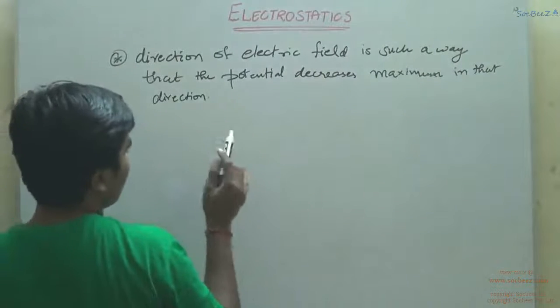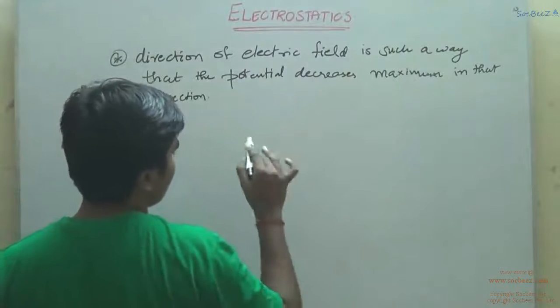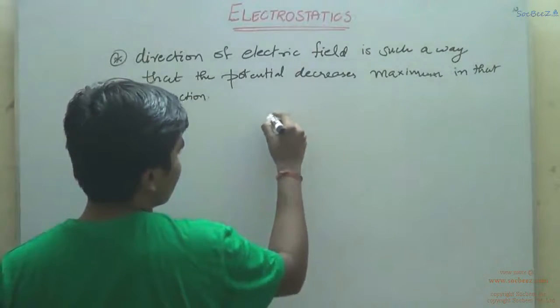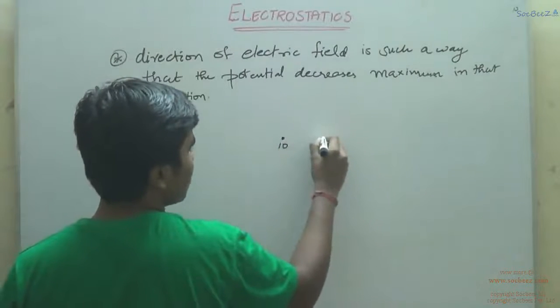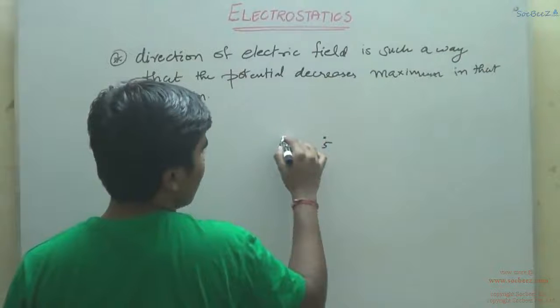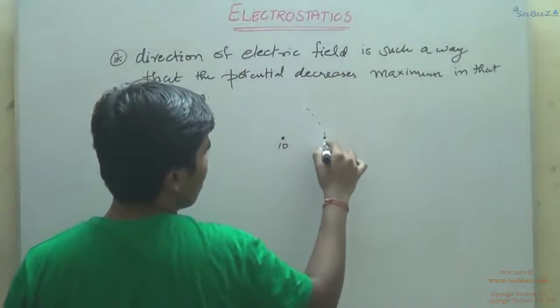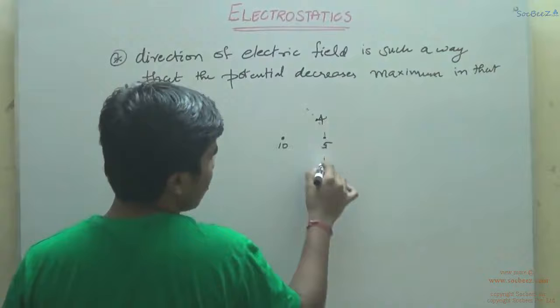Yeah. So this is one important point. Suppose the potential here is 10 volts and here is 5 volts, and say the potential here is 5 volts and here is 4 volts, here is also 4 volts.